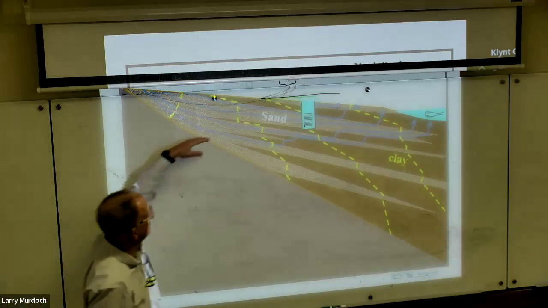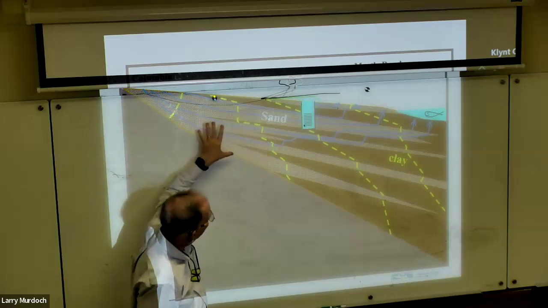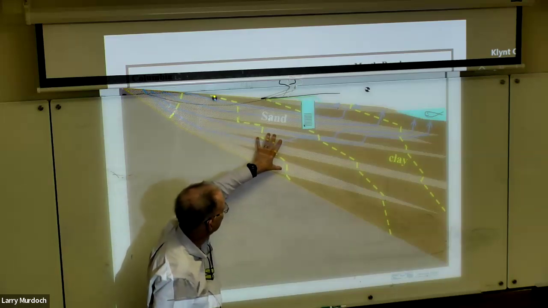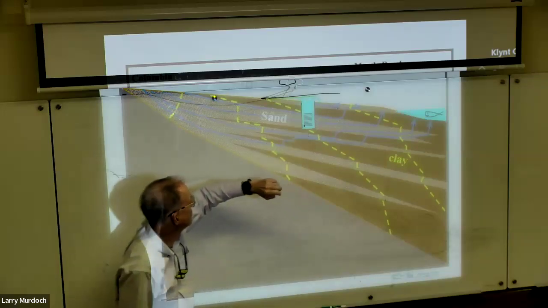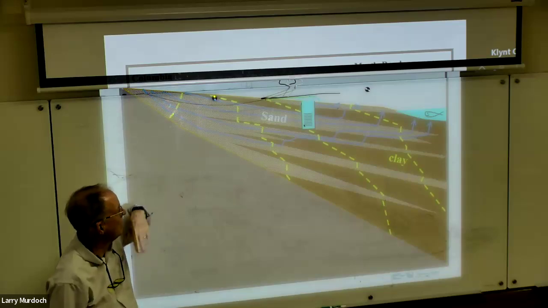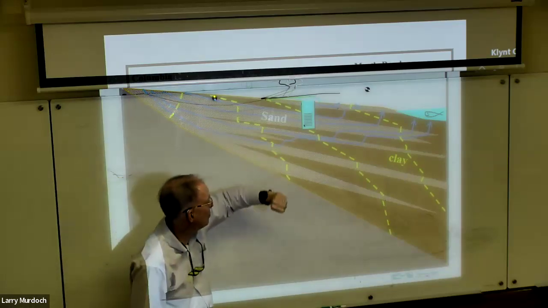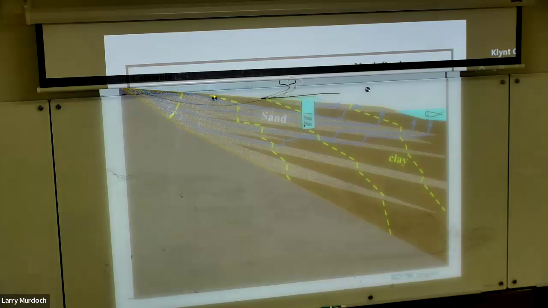So these layers like this and this hydraulic head distribution ends up generating wells that flow spontaneously based on the hydraulic head distribution. So the layering tends to promote this kind of behavior. It's not required. We have wells that flow like this in the Piedmont, but there are fewer of them, and they tend to be right down near streams.